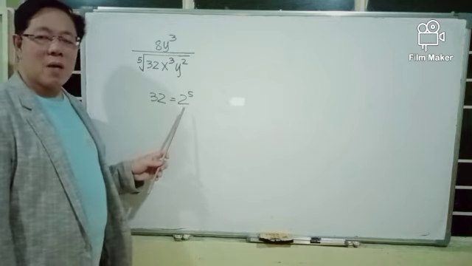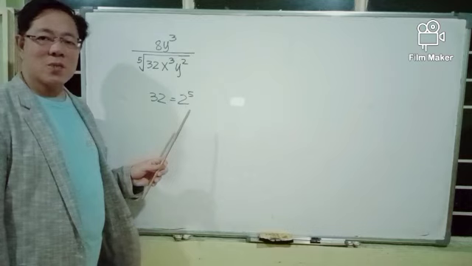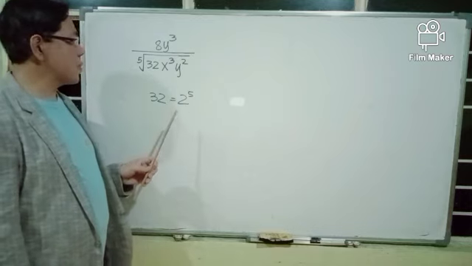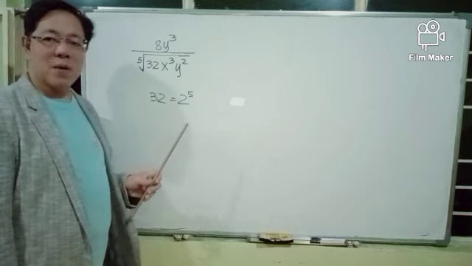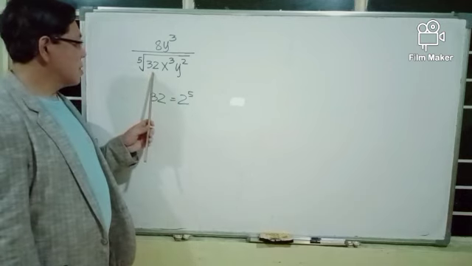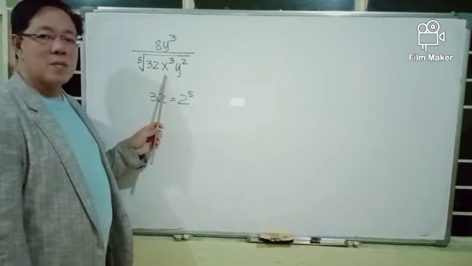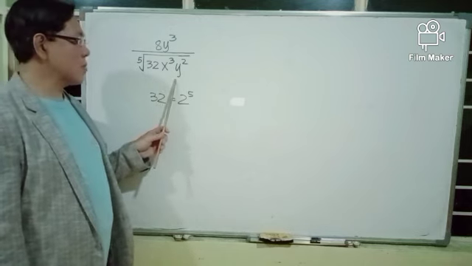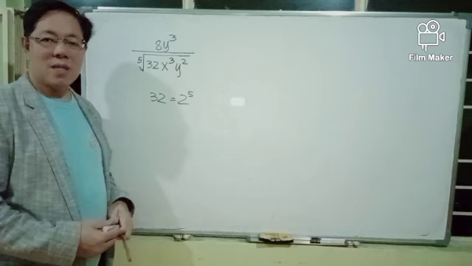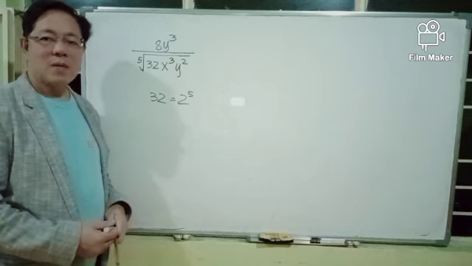And so we do not have a problem with 32 because we can extract the fifth root of 32. So we might as well separate the fifth root of 32 from the fifth root of x cubed multiplied by y squared by applying this property of radical.